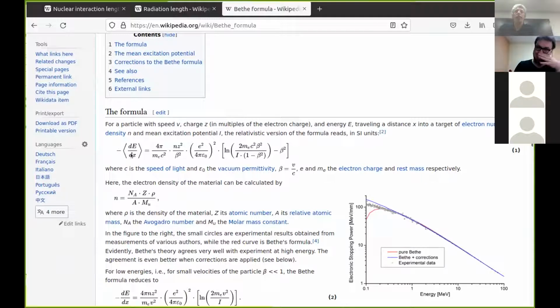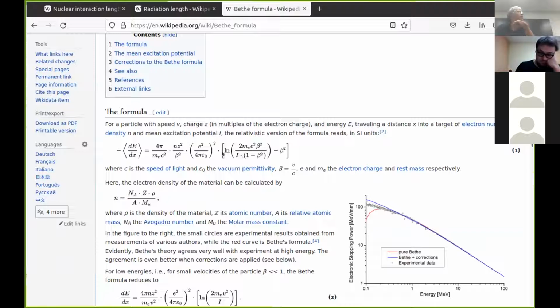For an inch of path length, how many MeVs does a particle lose? So we need to know, if we interact just with electrons, then it's the electron density that's important. So that's in my equation here. Then I have just, of course, the electron charge and the constants of electromagnetism and the electron mass.